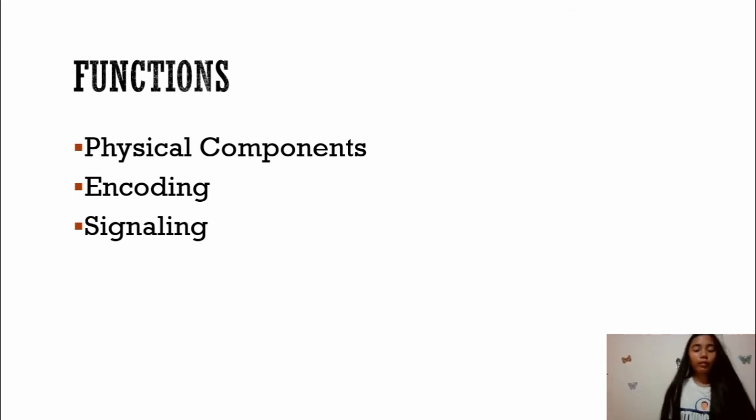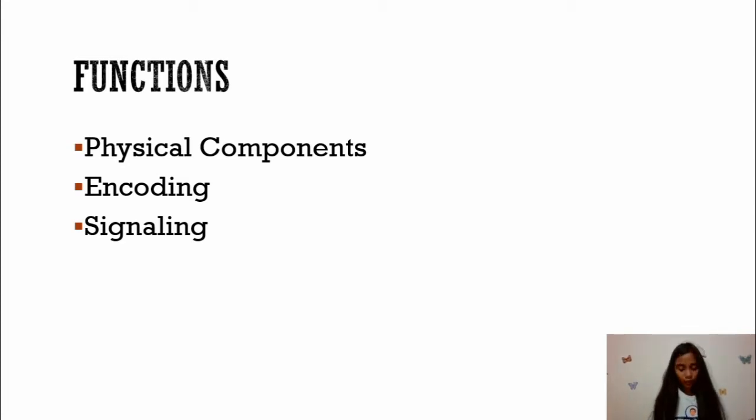So we have now the encoding, and it is a method of converting a stream of data bits into a predefined code. Codes are groupings of bits used to provide a predictable pattern that can be recognized by both the sender and the receiver.